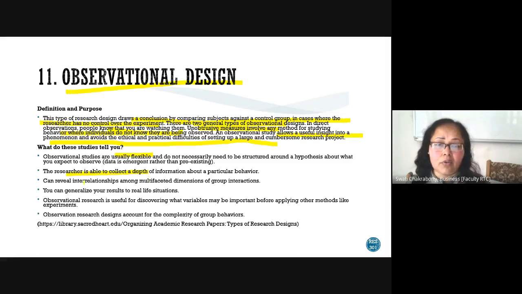It can also help in revealing relationships amongst multifaceted dimensions of group interactions. We can generalize the results to real life situations. It's also useful for discovering what variables are important before applying other methods like experiments. It also takes into account the complexity of group behaviors.